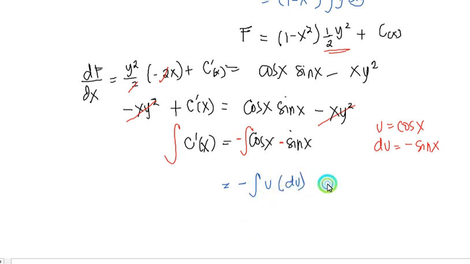That means, kung i-integrate na siya, this is negative u squared over 2. So, kung i-substitute ta siya, this is negative cosine squared x over 2. Amo ni siya ang aton nga cx.